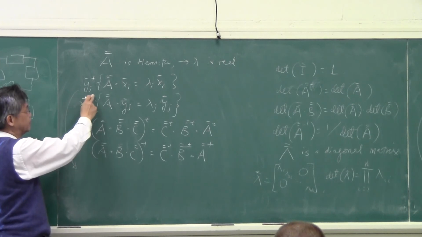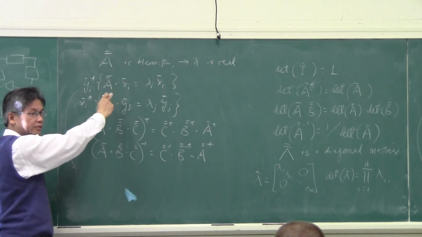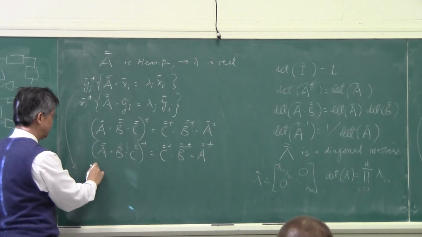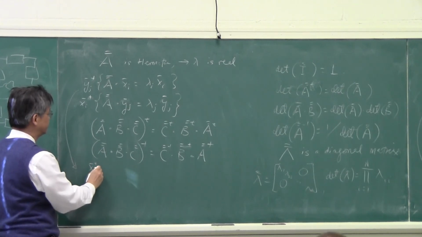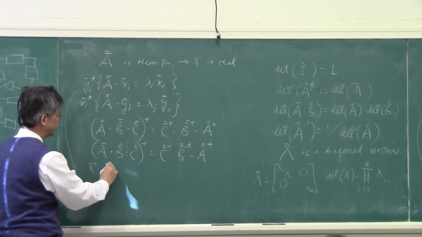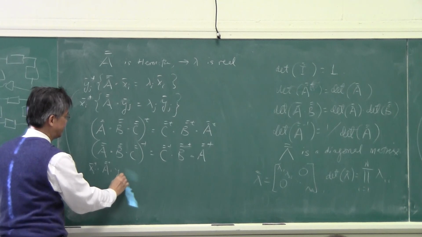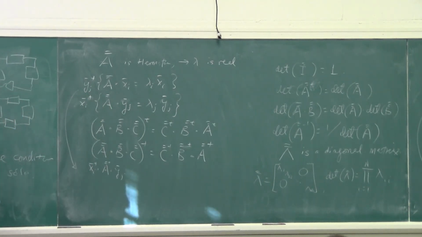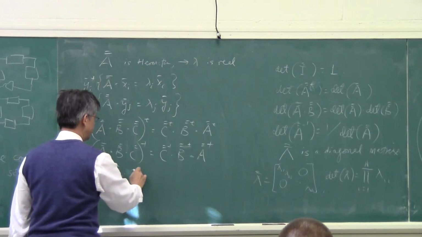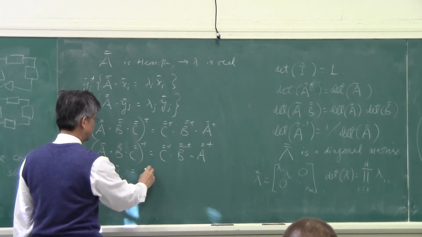Maybe a little bit fast for you. If I take the conjugate transpose of the first line, okay, I will get xi conjugate transpose dot A conjugate transpose dot yj. I take the first line and conjugate transpose on the left hand side. This multiplies by that as well, okay?